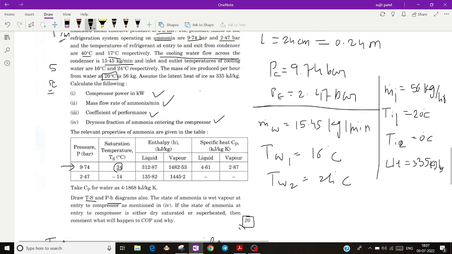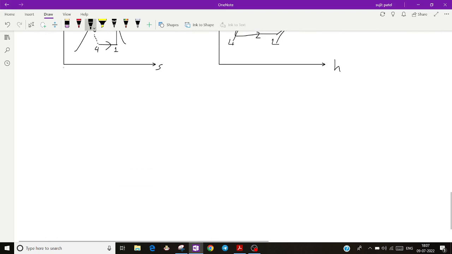Now what we have to find: compressor power in kilowatt. The compressor is a power consuming device, so the compressor power P you can find from the indicated mean effective pressure multiplied by L A N divided by 60. Here it is only a single cylinder, single acting, so we do not have to multiply by the number of cylinders.